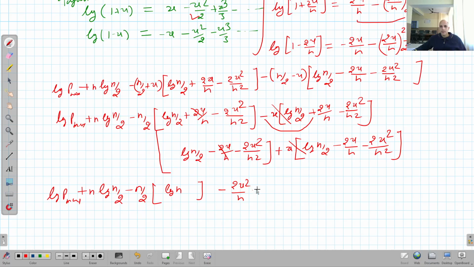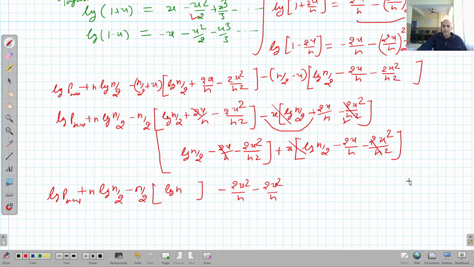Similarly, here we will get minus 2x square upon n, right? And when you multiply this with this, it will become plus 2x cube upon n square. It will become again minus 2x cube upon n square. So they will get cancelled out, right? You can see here minus minus plus 2x cube upon n square plus, as it is minus, so that they will get cancelled out.